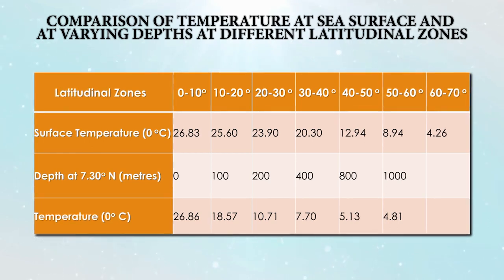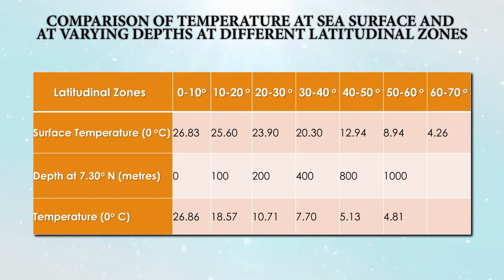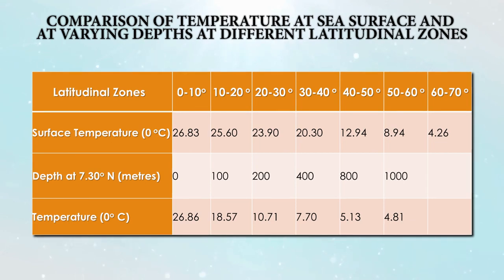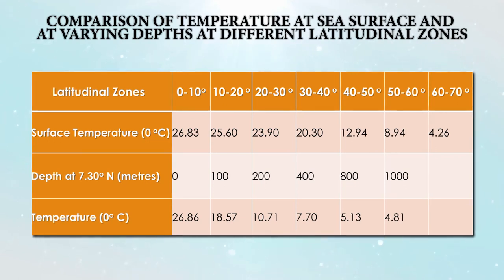And now coming on to the depths at 7.30 degrees north latitude, you see different depths are shown, like 0 meters, that is the surface temperature, and then 100 meters, 200 meters, 400 meters, 800 meters and 1000 meters.